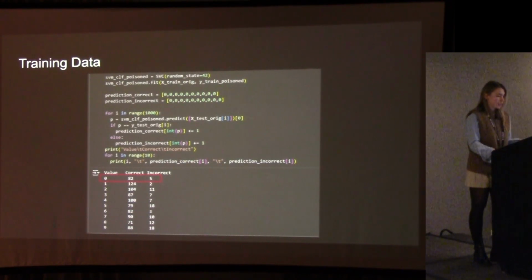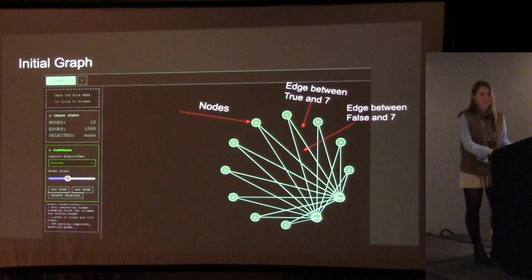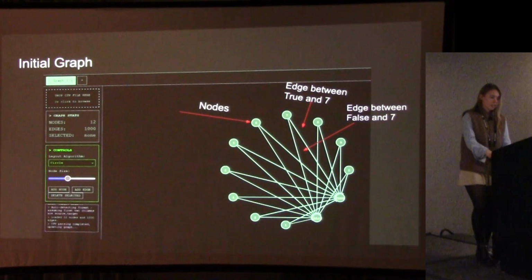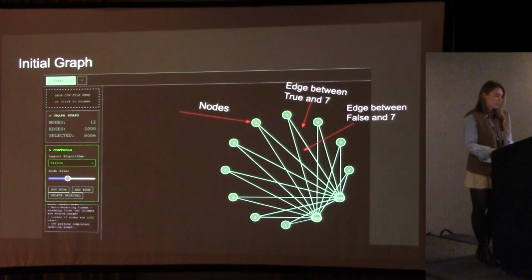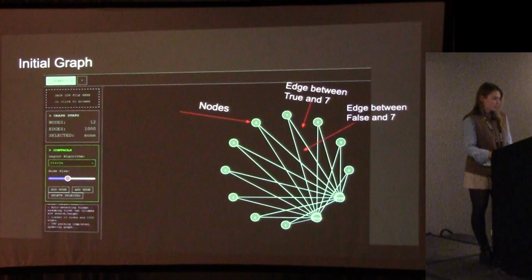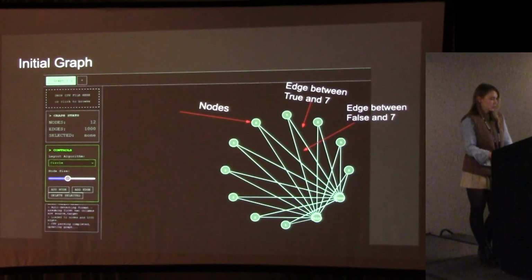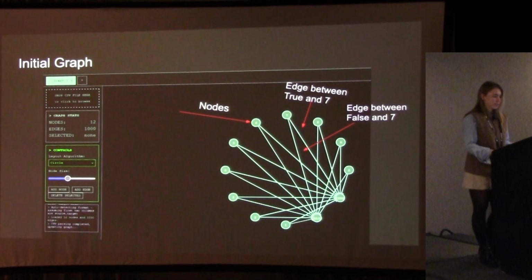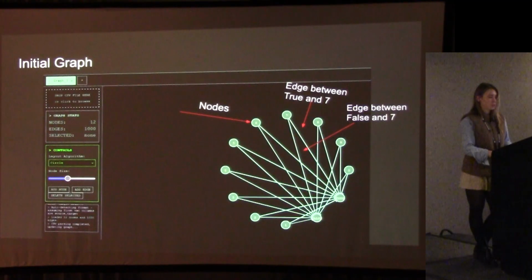So moving on to GraphLeak, here's what the data would look like in GraphLeak. This is the initial training data graph. And this may look super simple, but actually there are 1,000 edges all laying on top of each other between numerical nodes and true and false nodes.